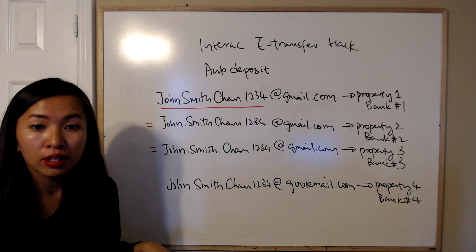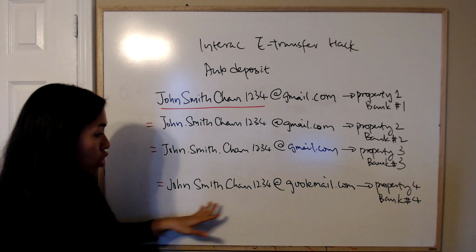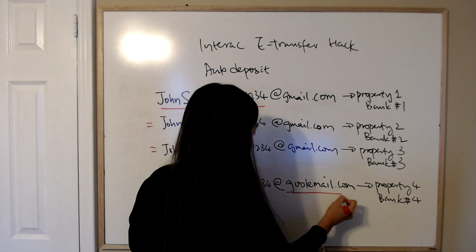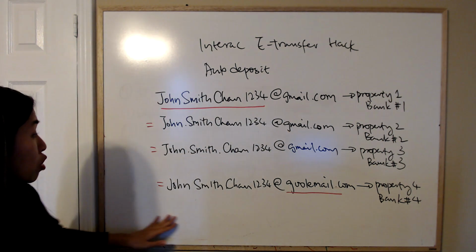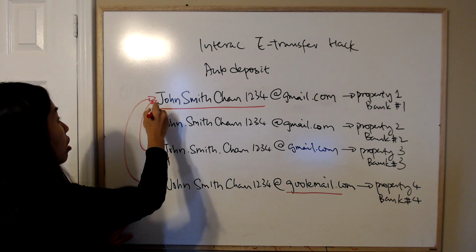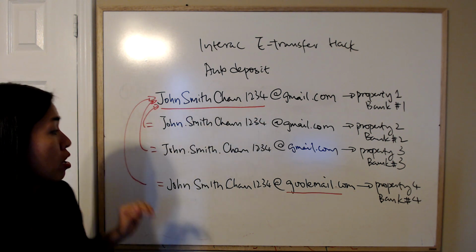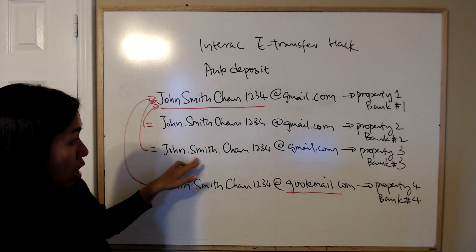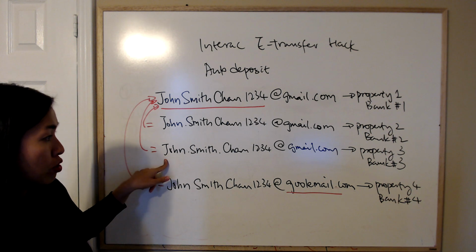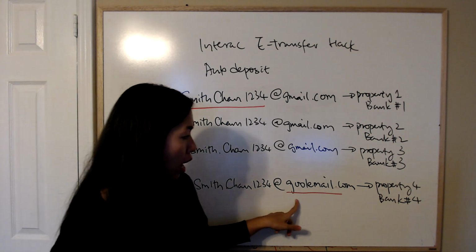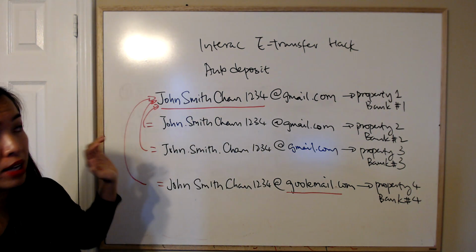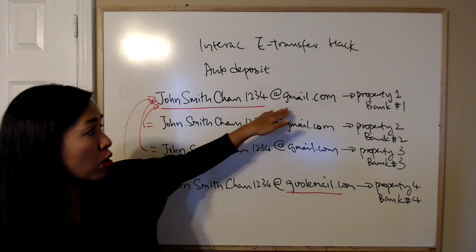And just so you know, if you send an email to johnsmithchen1234@googlemail.com, a different extension, it's also routed to the same email address. So Google ignores the dot in this portion of the email address, and also allows you to have a different address called googlemail.com that still goes to the same inbox as your initial johnsmithchen1234@gmail.com.